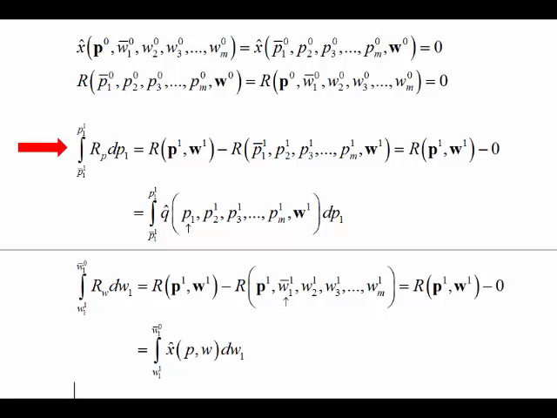So we have now shown that since the derivative of the quasi-rent function with respect to the output price is equal to the supply function, the quasi-rents associated with a particular price can be found by integrating under, in the horizontal sense, the supply function.